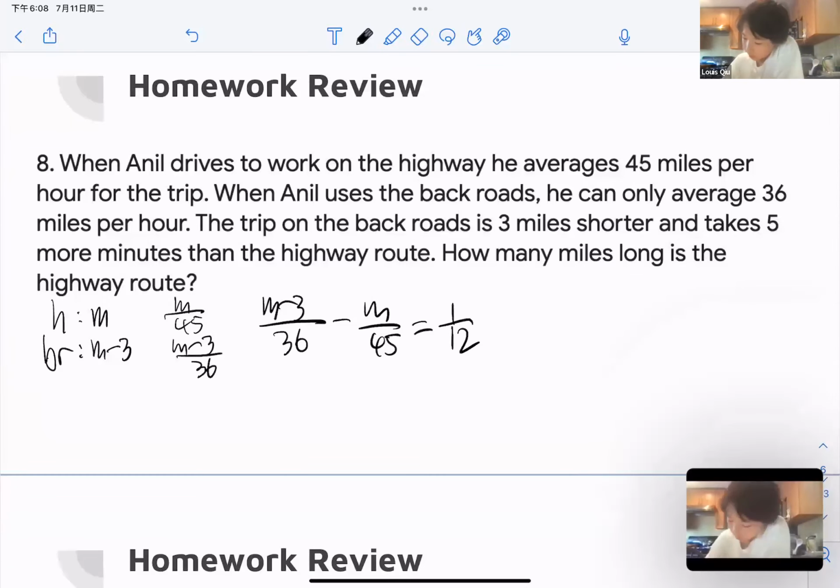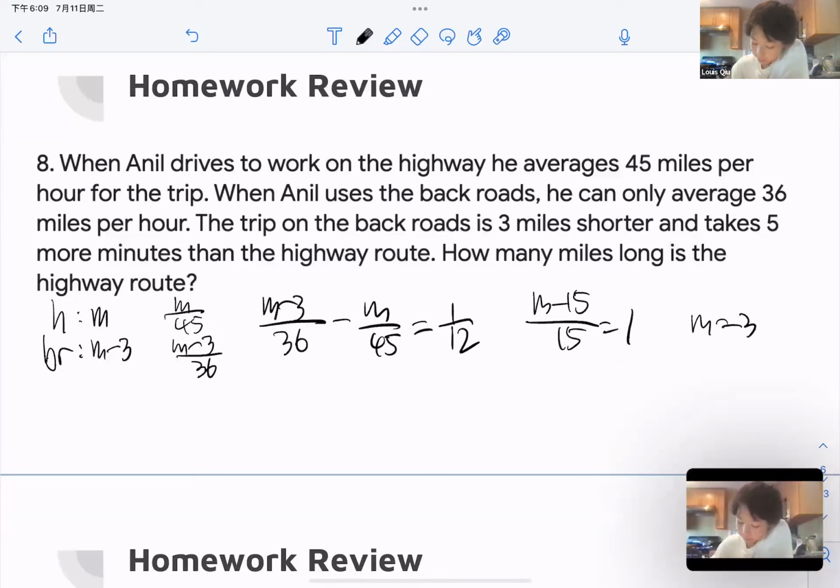After that, we can solve it so that it would give m minus 15 over 15 equals 1. So therefore, m equals 30. Questions? No questions, then I'll move on.